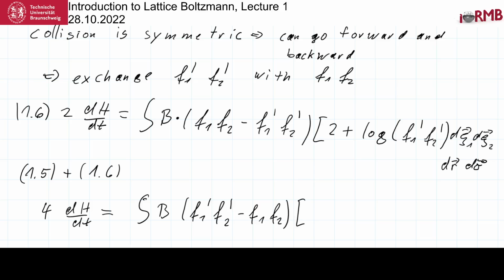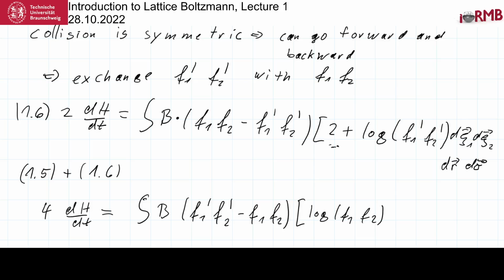Because they have different sign, the 2 that comes in both of these equations will be eliminated due to this inverse sign, and the other one will go log f1, f2.